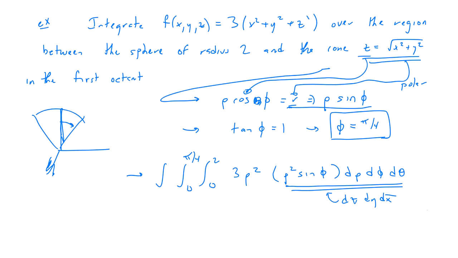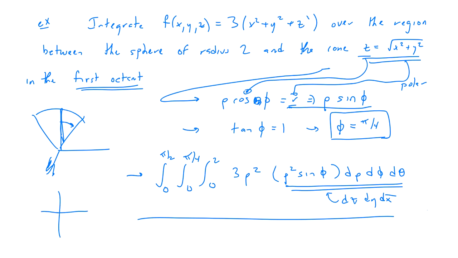And then what are the limits for d theta? And that comes from this part. So since we're only in the first octant, right, 0 to pi over 2. So in 2 dimensions, we have the 4 parts, and they're labeled first, second, third, and fourth.